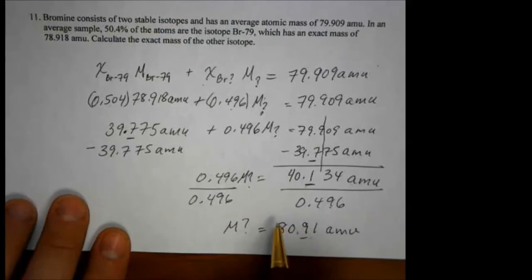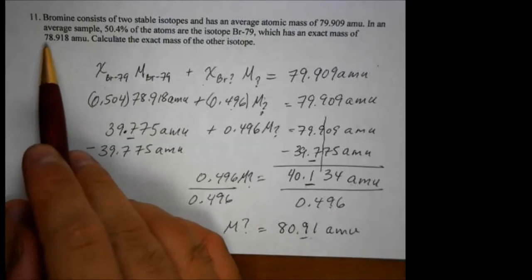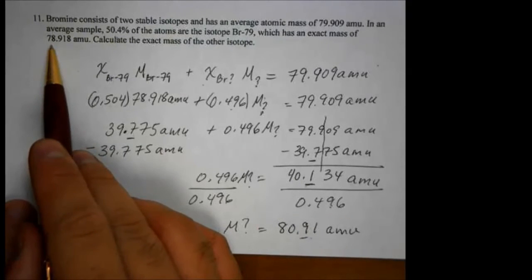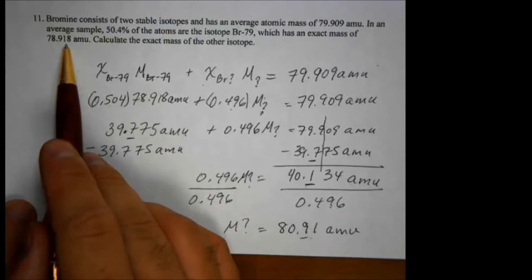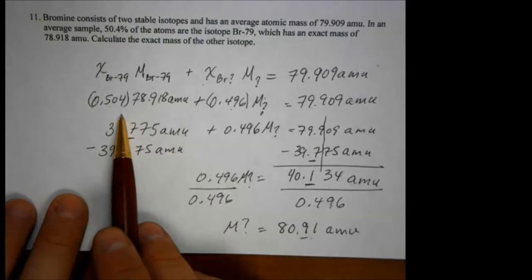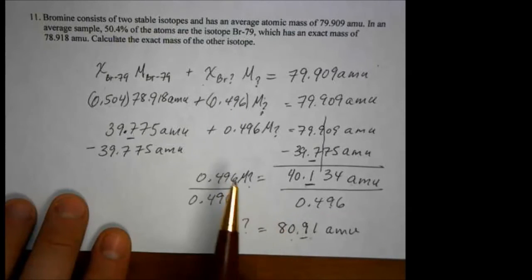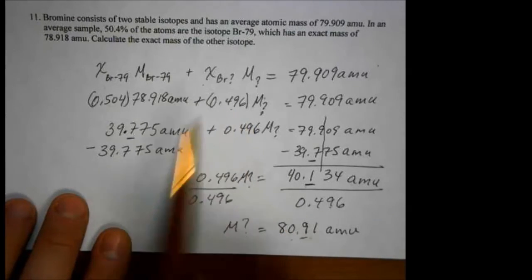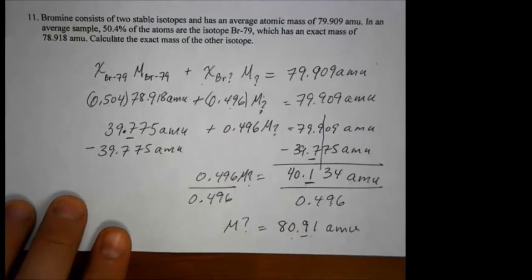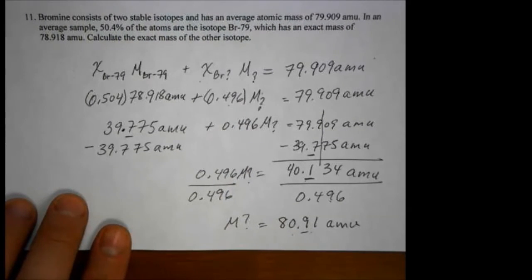Okay, so in this case we have one isotope with a mass of 78.918 AMUs that represents 50.4% of the sample, and one with a mass of 80.91 AMUs that represents 49.6% of the sample. So that's how you would solve one of these.